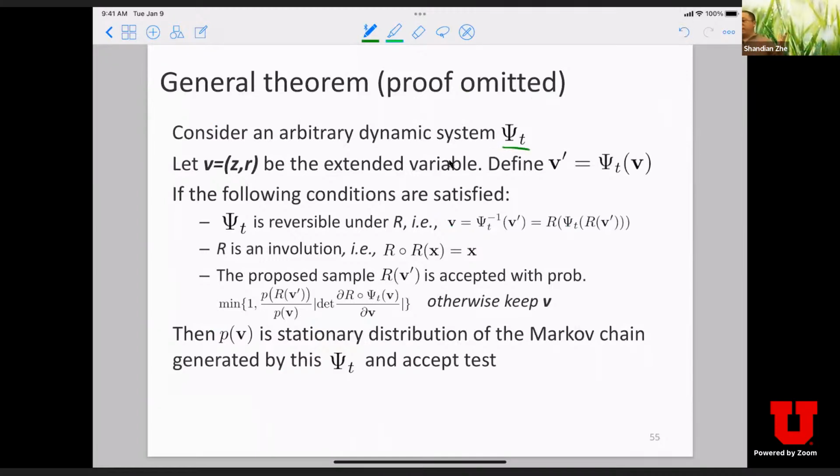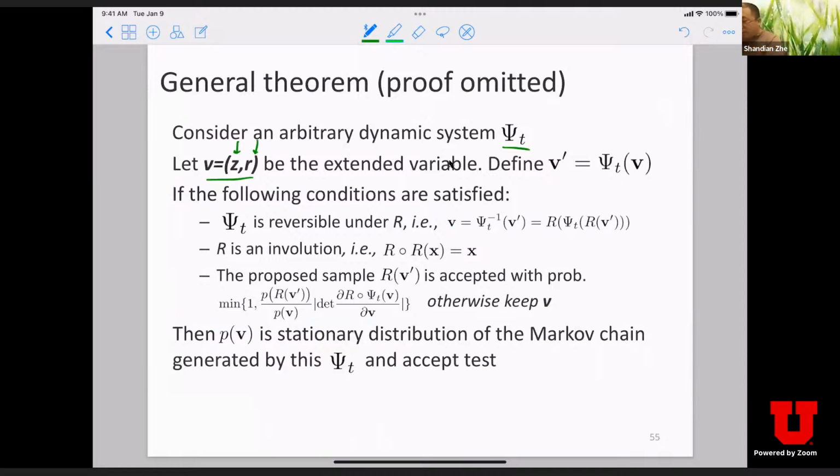Psi t means that we start from the initial state at t equals 0 and evolve it until time t. We denote v as the extended variable, similar to the Hamiltonian system example. z is the random variable in our original probabilistic model, but we also introduce a momentum vector as an augmented random variable.